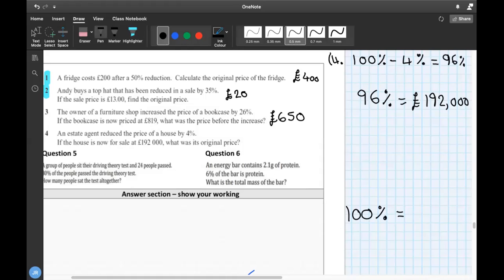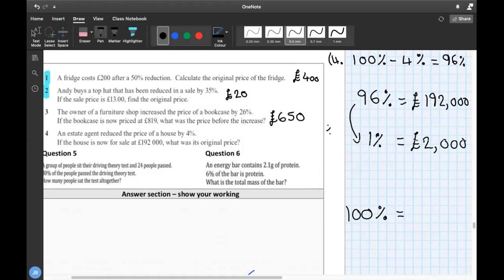Now, this one here, it may look like quite a tricky one, but actually here, how do we get from 96 to 1%? We divide by 96. How many lots of 96 have you got in 192? You've got 2. So how many in 192,000? You've got 2,000.